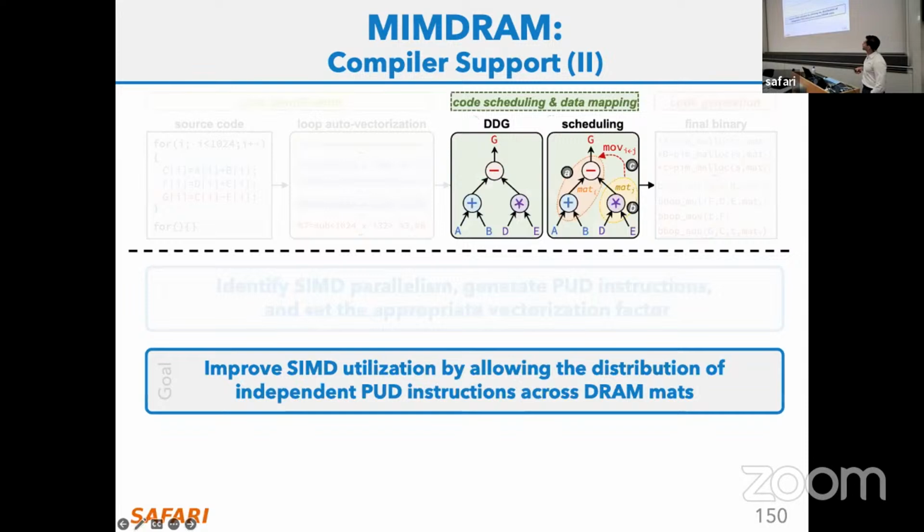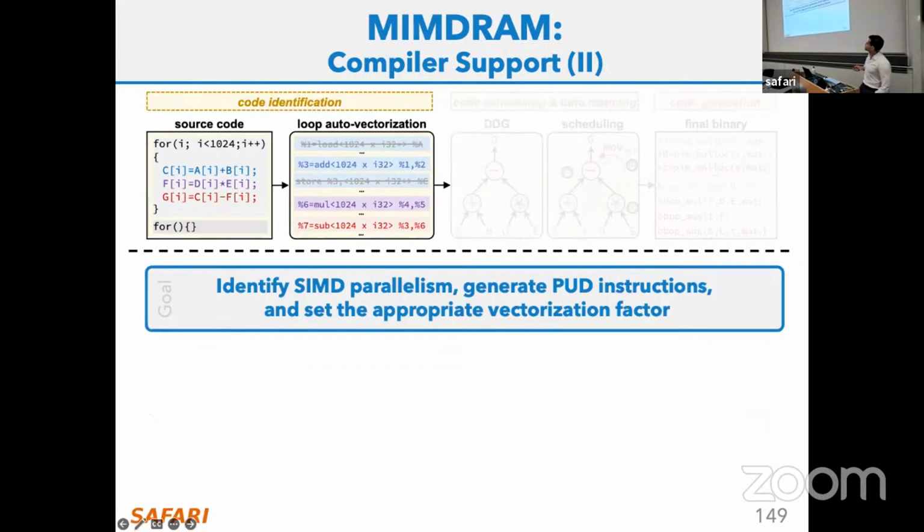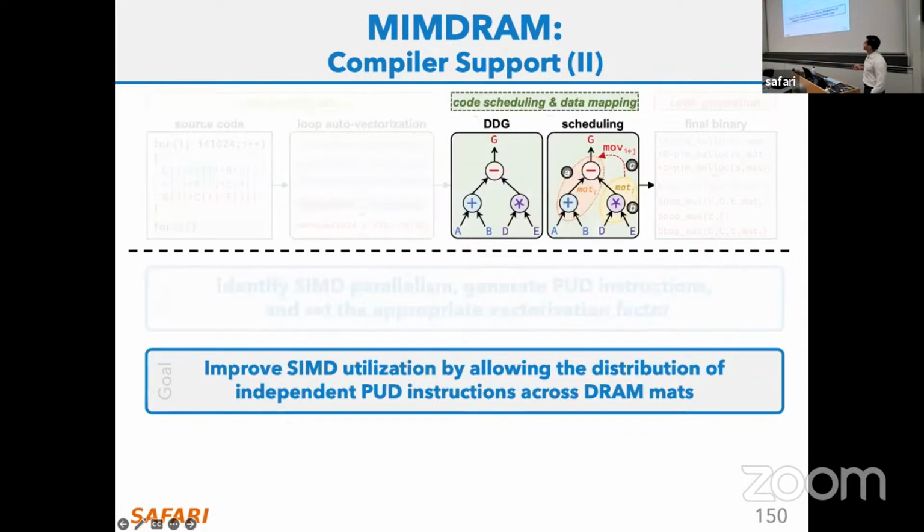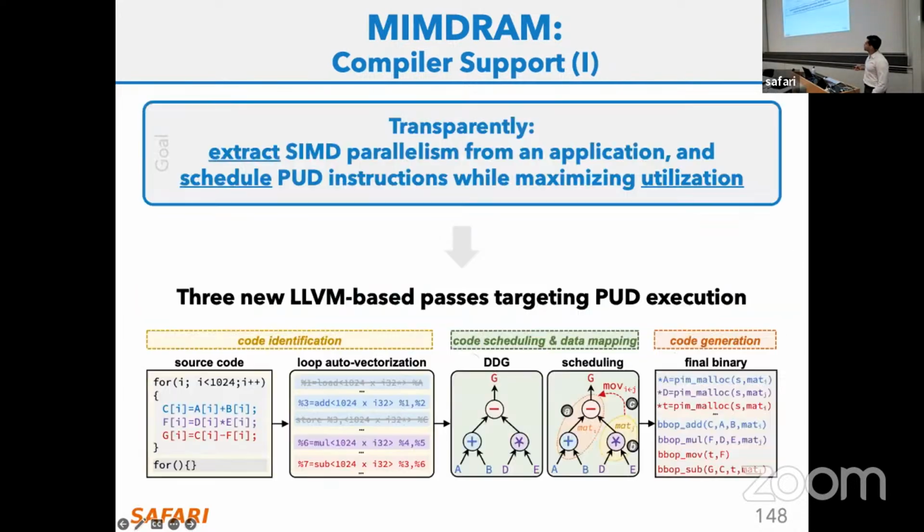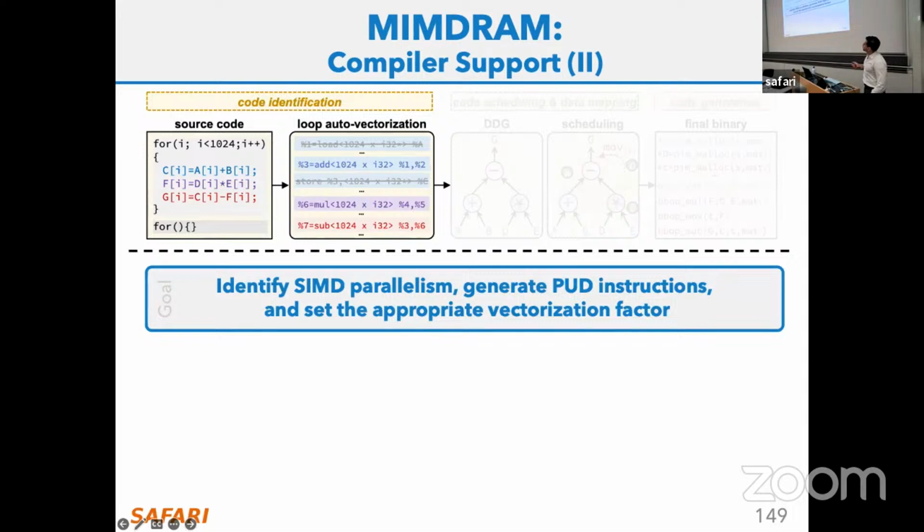So the second pass, after I vectorize the instructions, I generate the data dependency graph of those vector instructions. So let's go back to the C code. In the C code here, A and B generate C, and D and E generate F. So those two operations can operate in parallel because they are data independent.